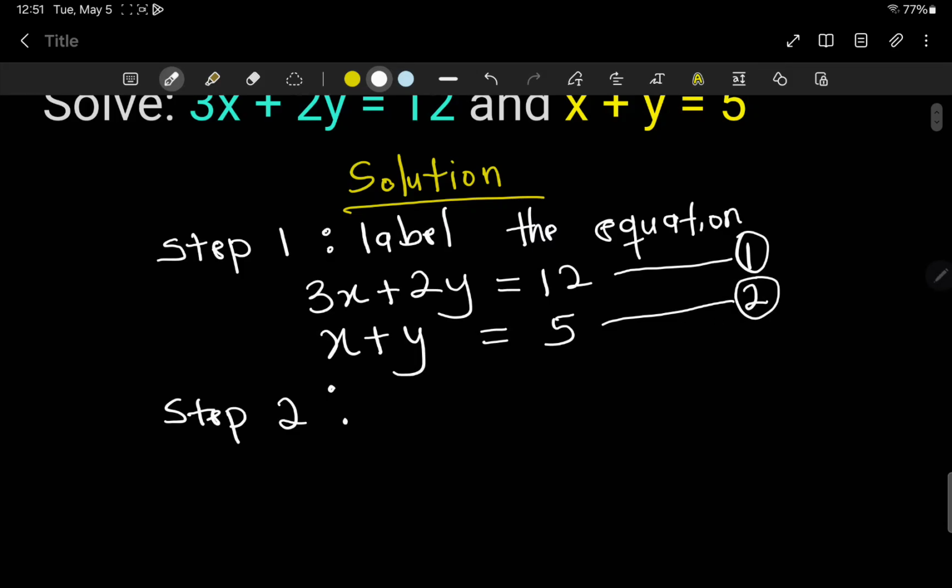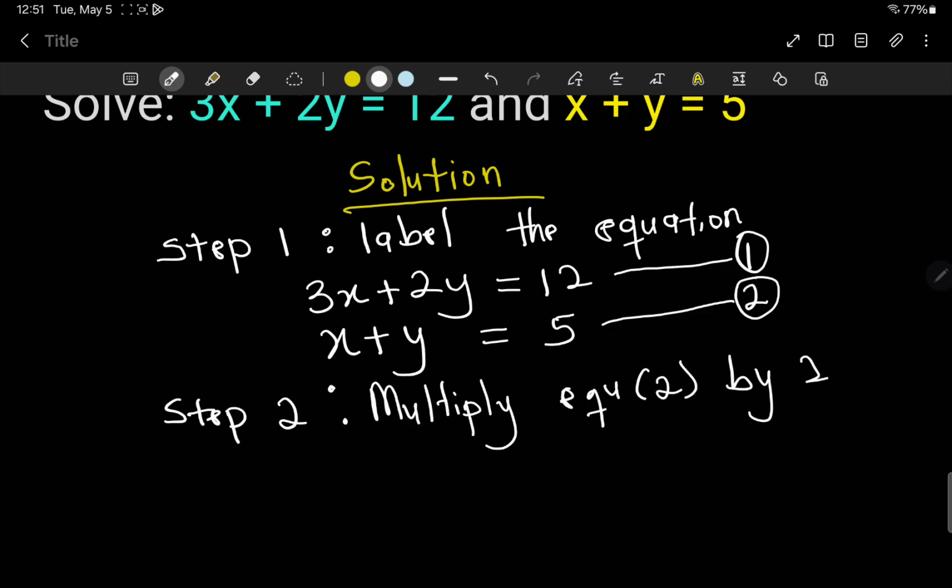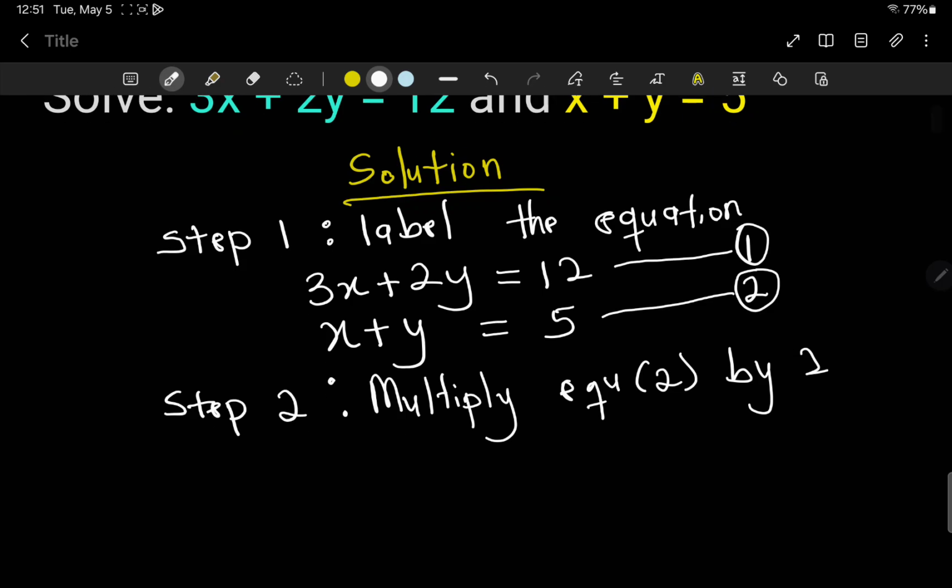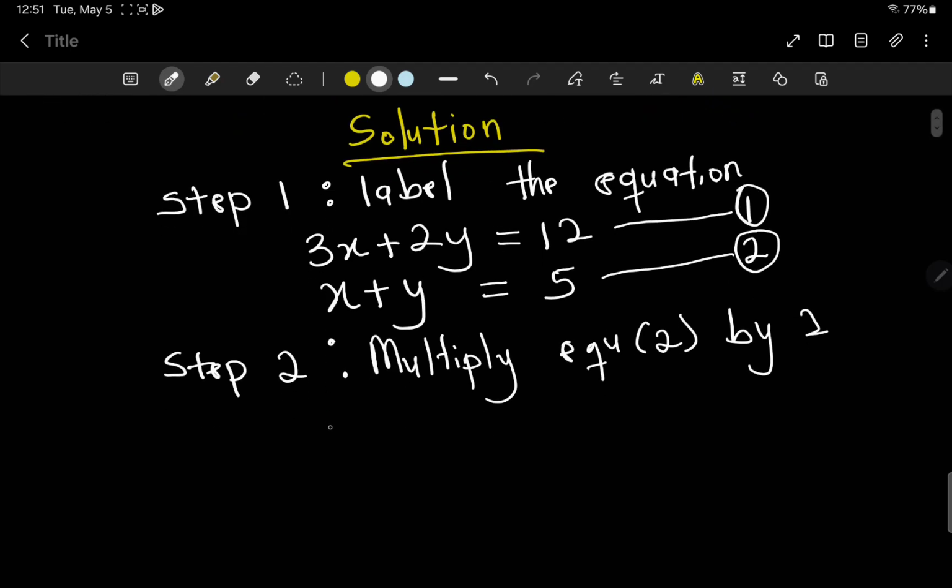So we'll multiply equation 2 by 2. Okay, so let's multiply equation 2 together. That's 2x plus 2y is equal to what? 10. Okay, so that will be what? Our third equation.